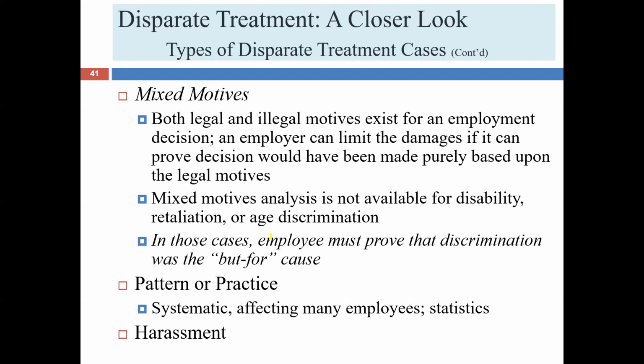But also this supervisor had told Bob several times, I can't stand Jehovah's Witnesses. I find them offensive and I don't like to be around them. So this would be a classic mixed motive situation. There seems to be 2 reasons why the employer is trying to get rid of Bob. Number 1, the legitimate reason, the tardies. The second reason, Bob's religion, an illegal reason.